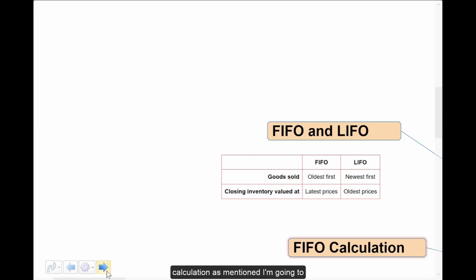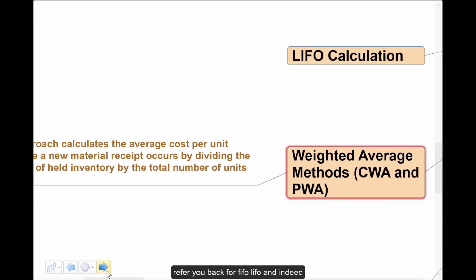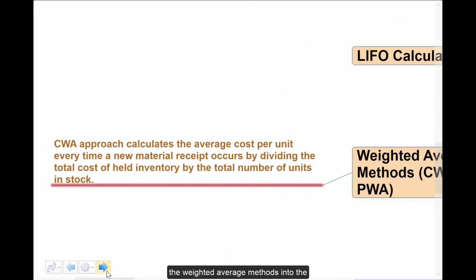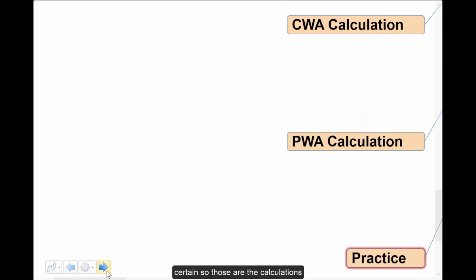In terms of the calculation, as mentioned, I'm going to refer you back for FIFO, LIFO, and indeed the weighted average methods into the Study Hub because of the activities, okay? Again, I think the calculations are fairly straightforward. I don't think that they'll cause us, or shouldn't have caused us, too much difficulty. If they have, then try to redo them again for certain. So, those are the calculations.